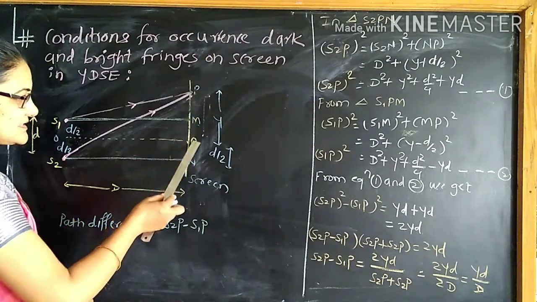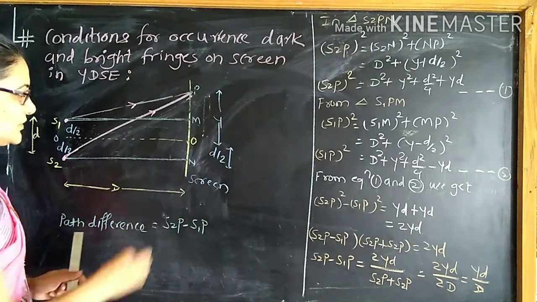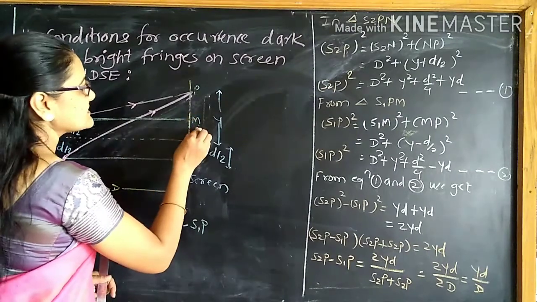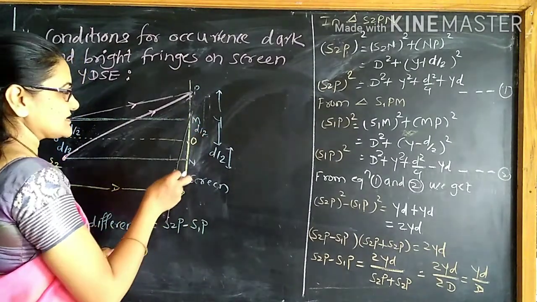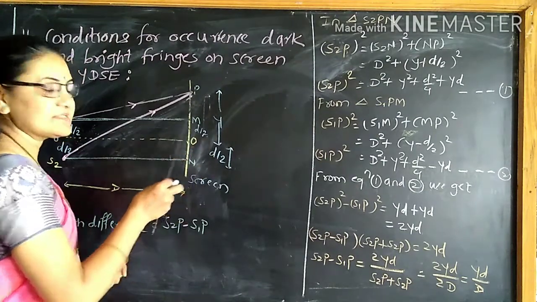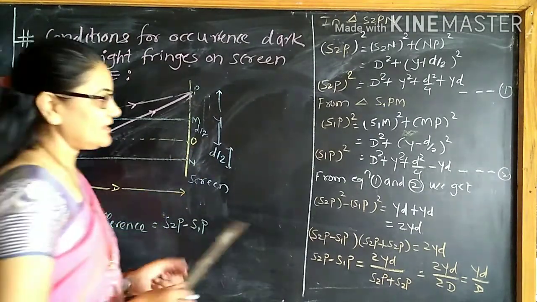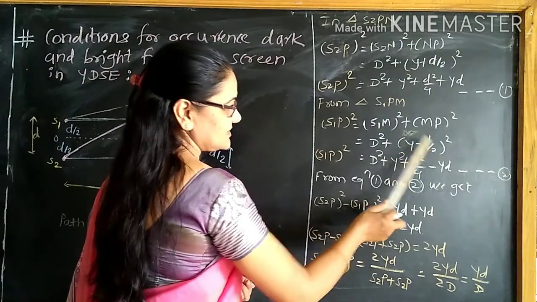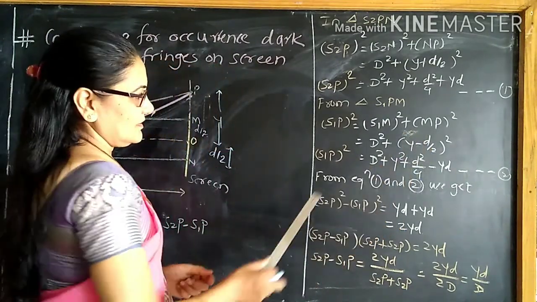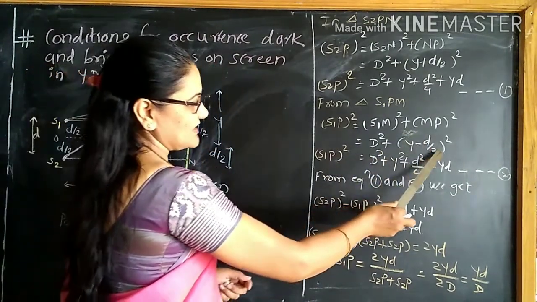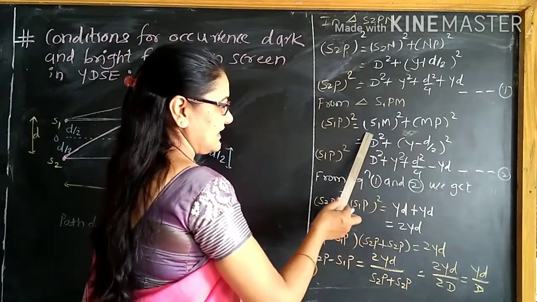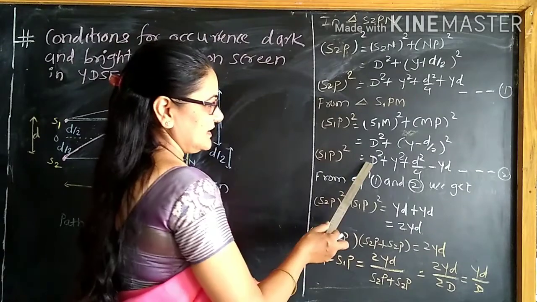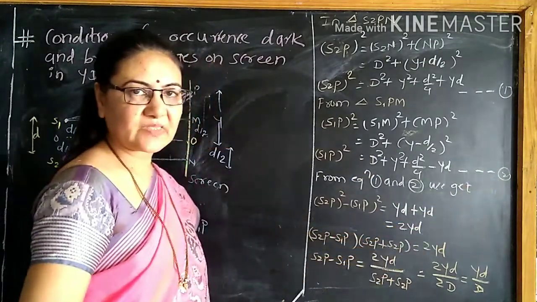As this whole distance is y, and we know this distance is d by 2, this PM distance is nothing but y minus d by 2. So it is D square plus bracket y minus d by 2 square. Here is the expansion of this bracket, and D square as it is. Let me call it equation second.